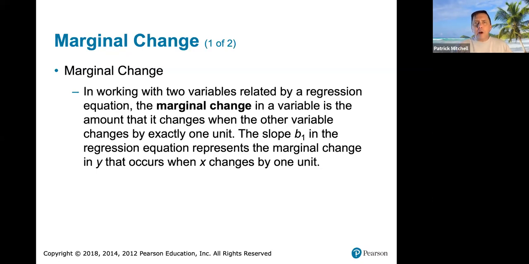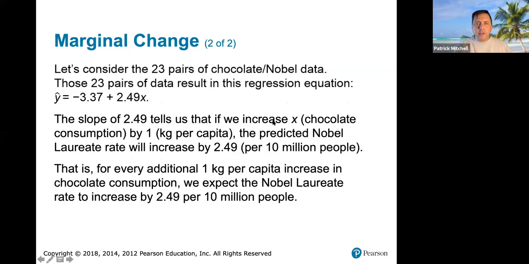And you actually saw me using that when I was drawing the graph of the regression equation. At one point, I reminded you about rise over run, and I said you could interpret that 2.49 as 2.49 over 1. So the 1 means every time I increase x by 1, y increases by 2.49.